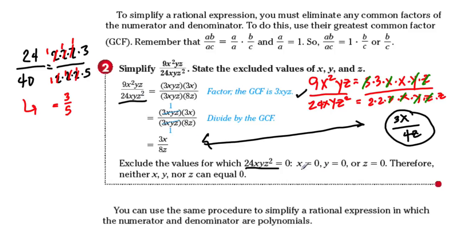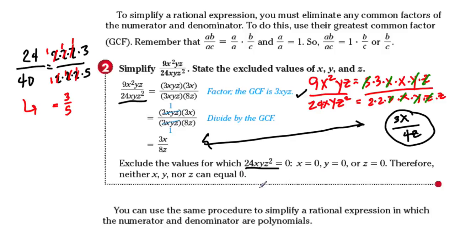Obviously, x equal to 0, y equal to 0, z equal to 0 will make our rational expression undefined. Therefore, in this case, our excluded values for x, y, or z will be that all three variables should not equal 0.